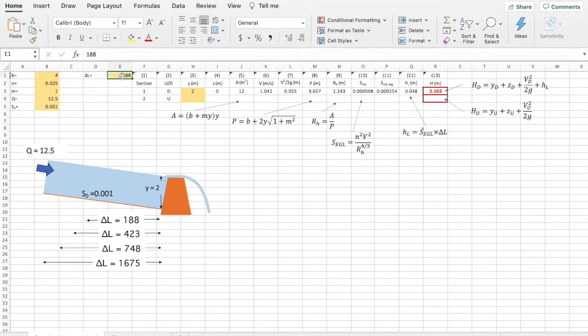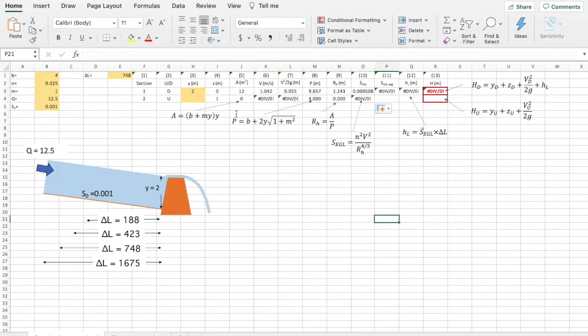Go over here, to this orange cell. For this problem, the location where we want to know the water depth is 748 meters away from the dam. So now delta L should be equal to 748. At section 1, the problem gives us the water depth, which is 2 meters. Now we can fill everything in.